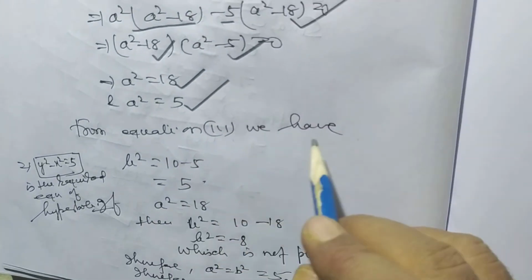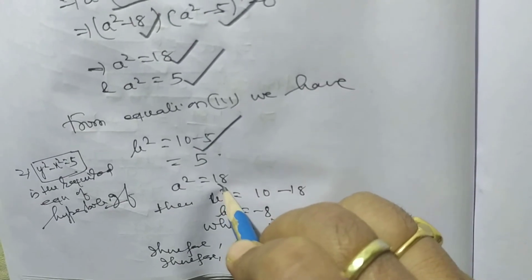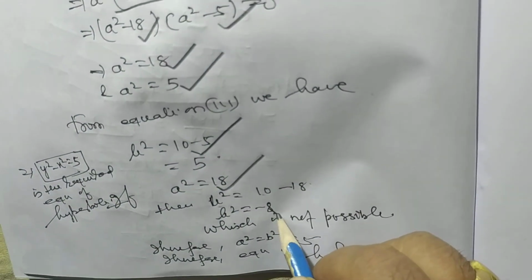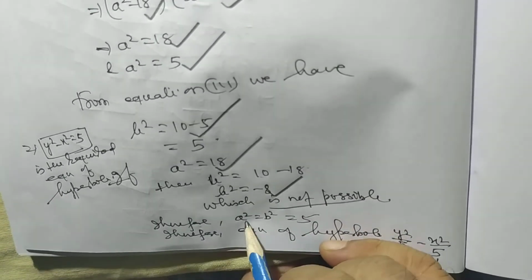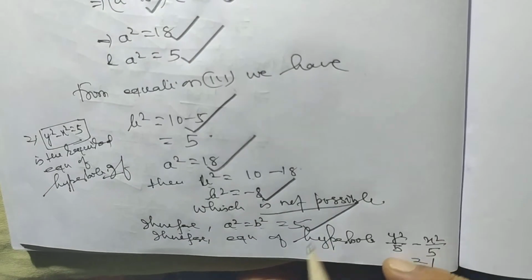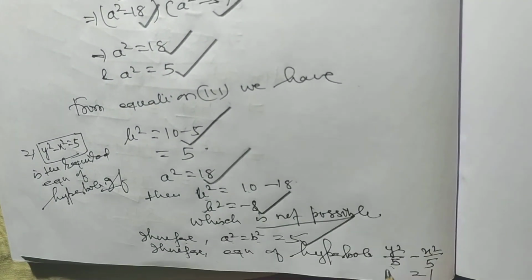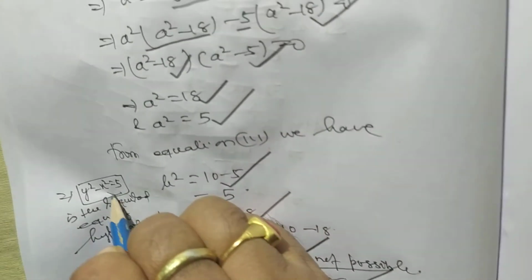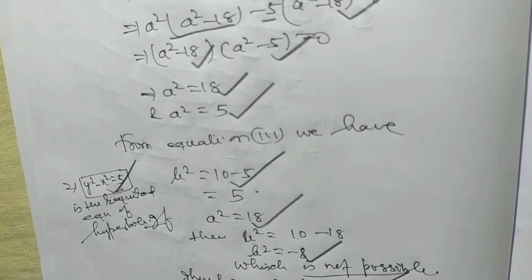From equation third we have b square is equal to 10 minus a square. If a square is equal to 18, then b square is equal to 10 minus 18, so b square is equal to minus 8, which is not possible. Therefore, a square is equal to b square is equal to 5. Therefore, the equation of hyperbola is y square by 5 minus x square by 5 is equal to 1. That is y square minus x square is equal to 5, the required equation of hyperbola.